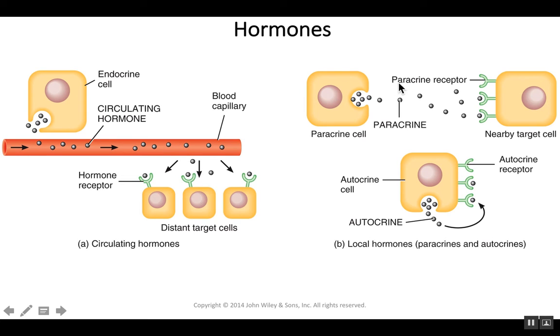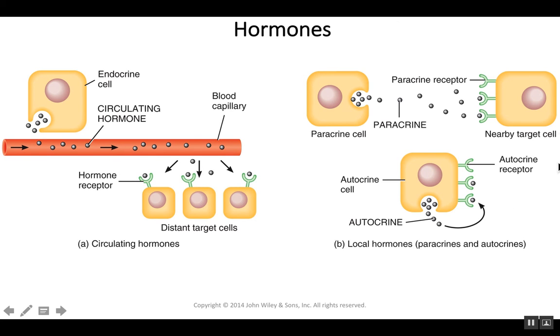There are some hormones that act locally. So local hormones act in the same tissue in which they're produced. And then local hormones can often be divided into either paracrine, where the hormone acts at a nearby target cell, or autocrine, where the hormone is produced but also can bind to a receptor on the same cell that produces the hormone.